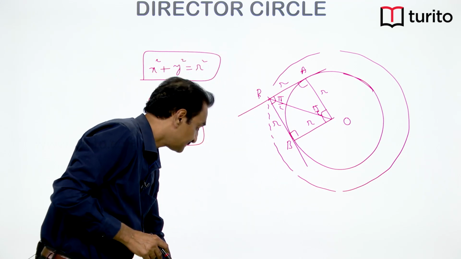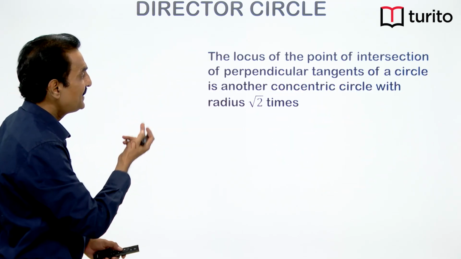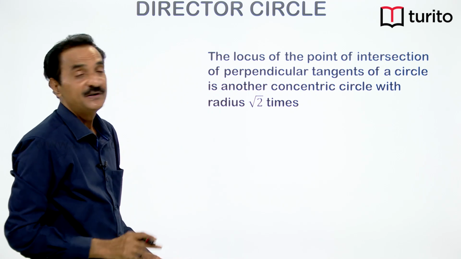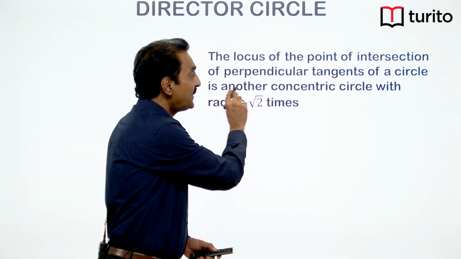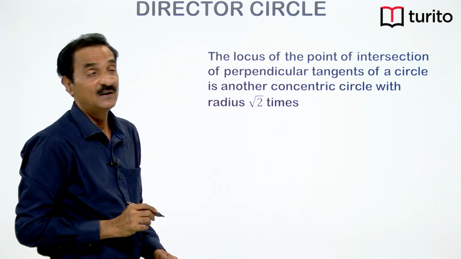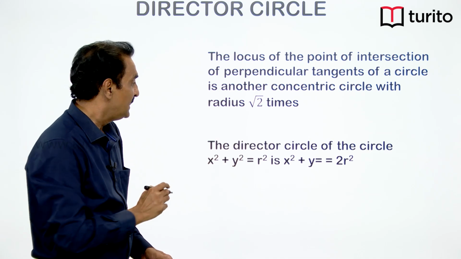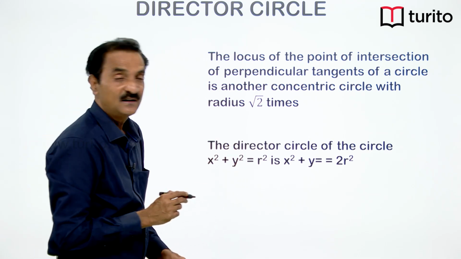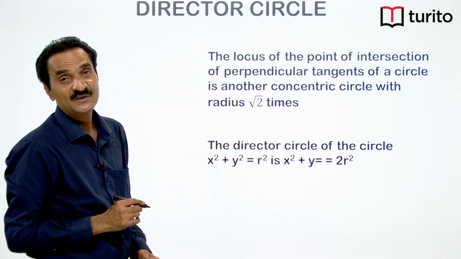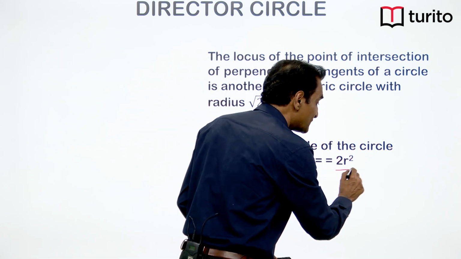Now, the locus of the point of intersection of perpendicular tangents of a circle is another concentric circle with radius root 2 times. Just now we proved it. The director circle of the circle x square plus y square is equal to r square is x square plus y square is equal to root 2 r whole square, 2 r square.